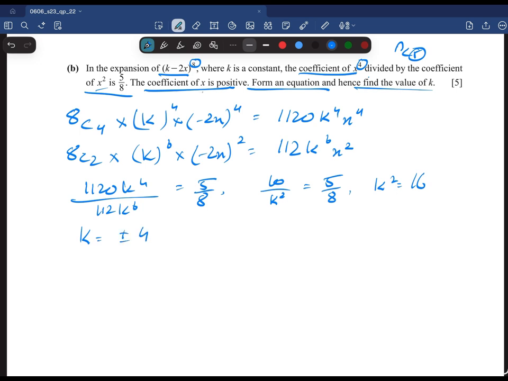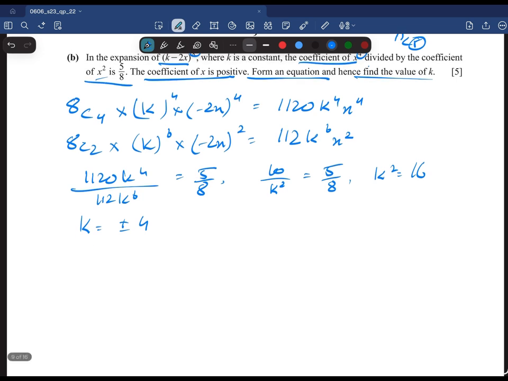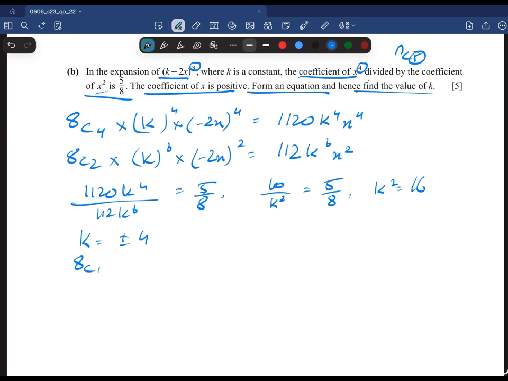Now the coefficient of x is positive, so 8C1 into k to the power 7 into (-2x) to the power 1 would be equal to 8 k to the power 7 into -2x.